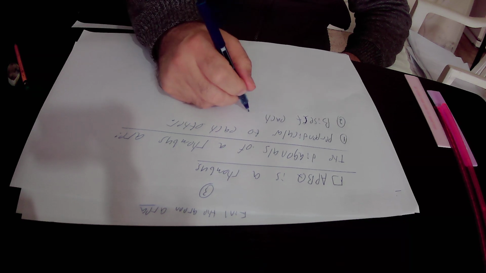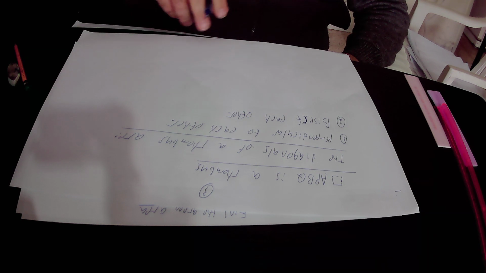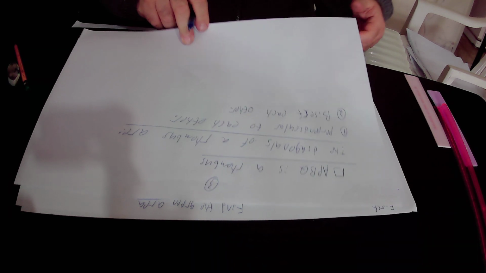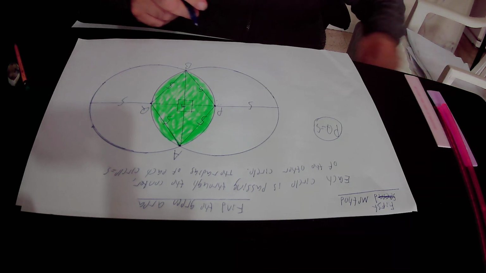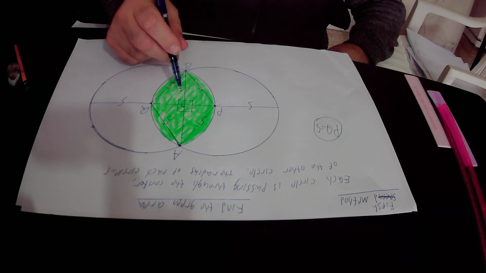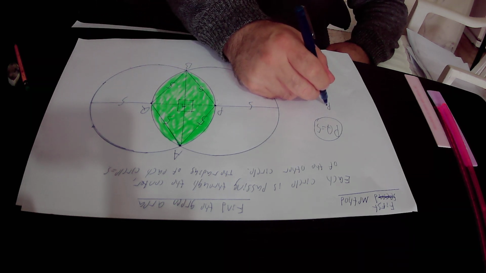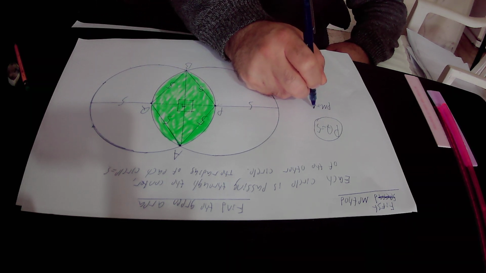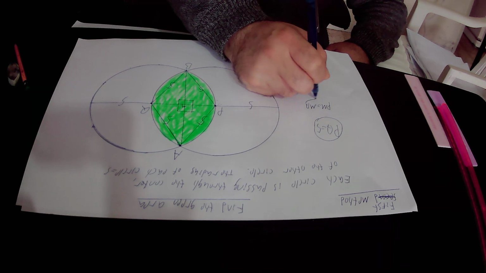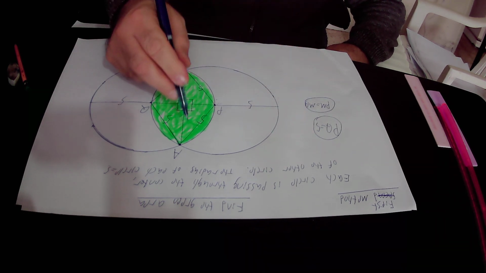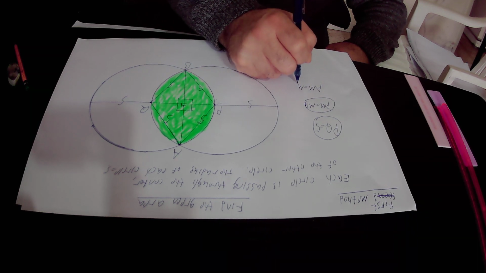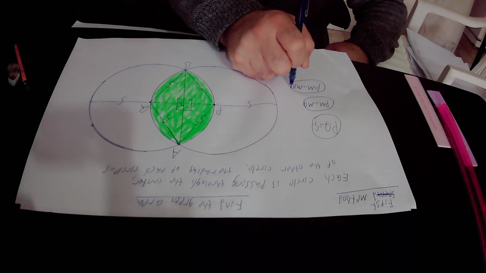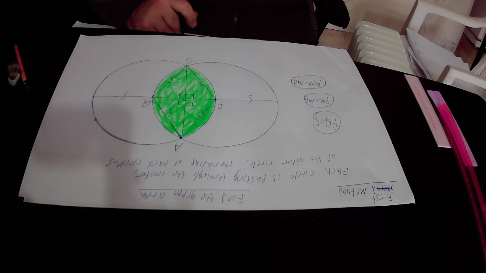I'll repeat again. The diagonals of a rhombus bisect each other. That is to say, PM equals MQ, and AM equals MB.